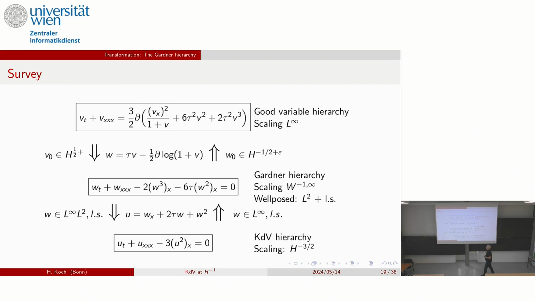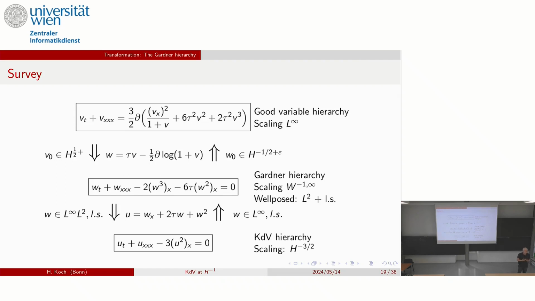I have to tell you, well, first I want to give this survey of what happens for the first order equation. So here we have the KdV equation, which has a scaling h-3/2.